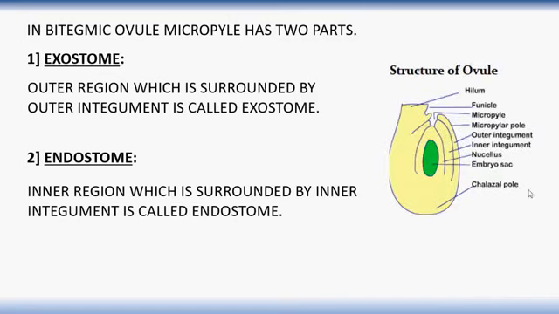Let's see the photograph. So this is the actual position of the ovule. The top region is the micropyle region. In this micropyle region, the outer region which is surrounded by the outer integument is called the exostome. The inner region of this micropyle which is surrounded by the inner integument is called the endostome.